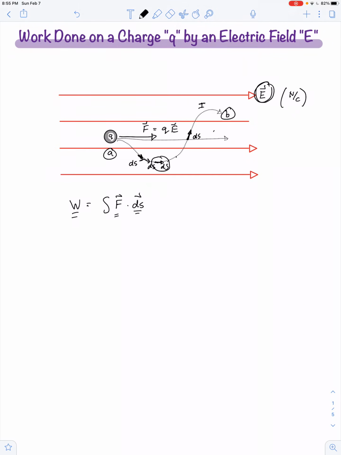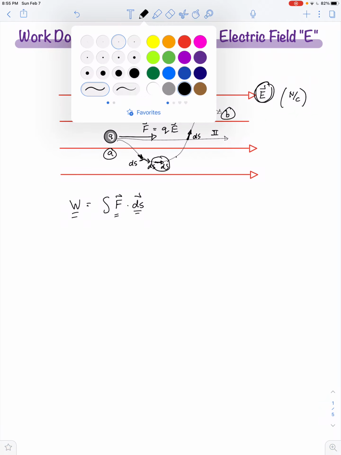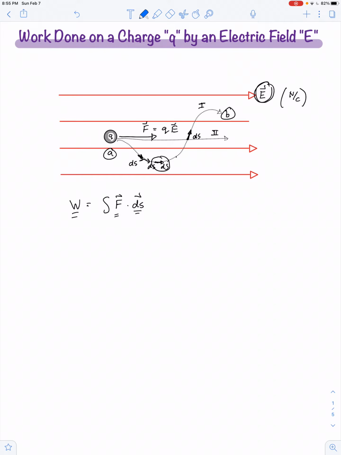And yeah, you guessed it, we'll call that path 2. Because in each of those 2 cases, the charge has moved from one line of equipotential to another line of equipotential, and it's the same difference in equipotentials.